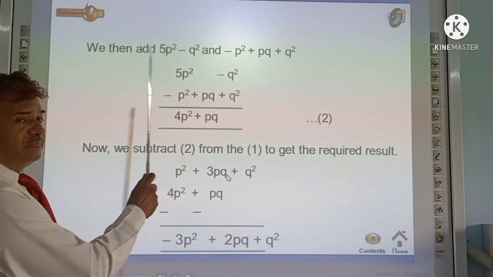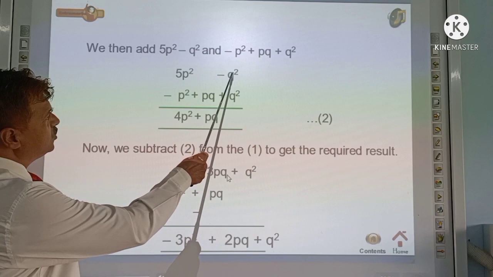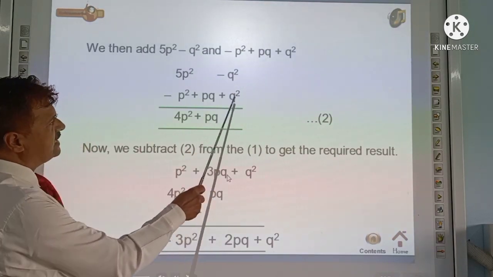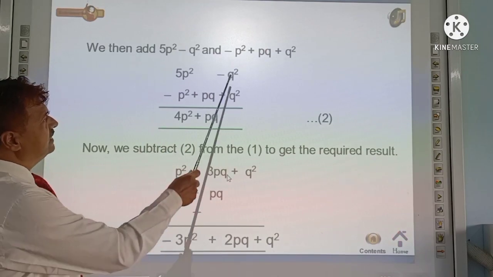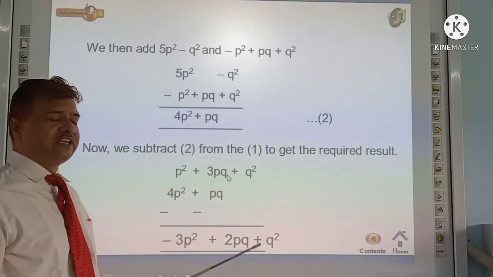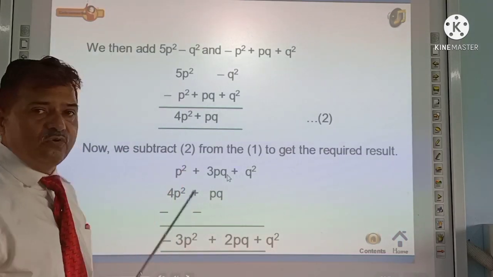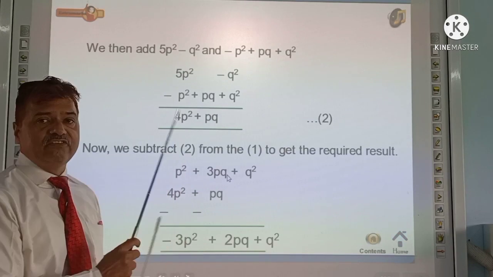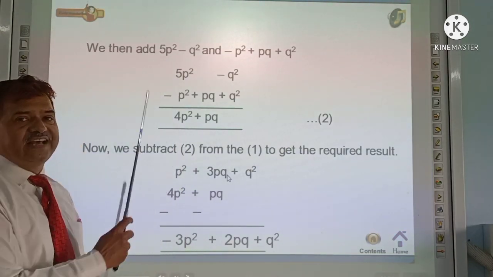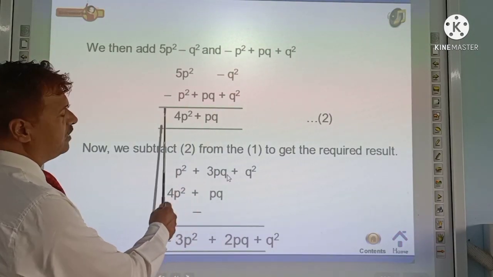Here is pq, so we leave it alone, and here is q square and q square. Okay, now we solve it. q square is cancelled by q square because these have opposite signs. Now pq is separate, so we put it here as it is. Now 5p square is positive and p square is negative, so 4p square is left. So our addition is 4p square plus pq.